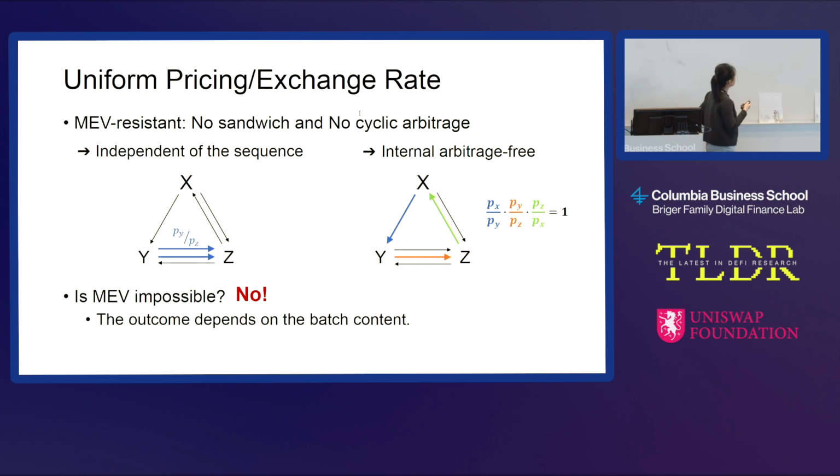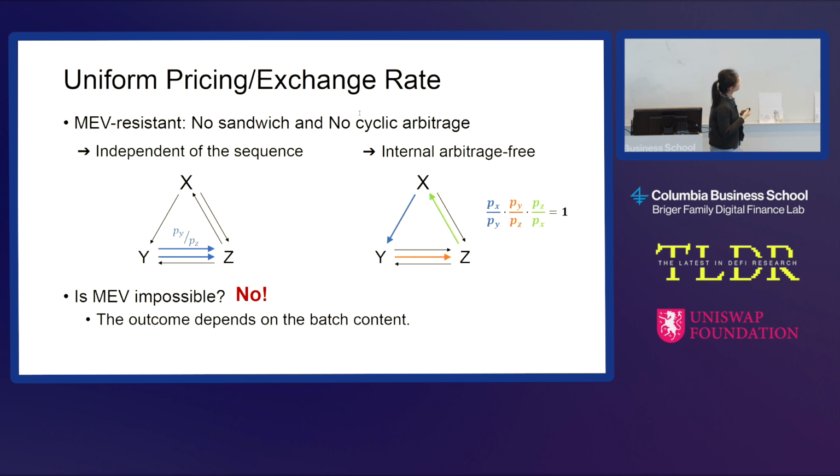For example, on the left, I show an example which consists of 3 tokens X, Y, Z and some transactions. Two of them both want to swap from Y to Z, and in the equilibrium, these two transactions will be executed at the same exchange rate, P_Y over P_Z, in batch auction.